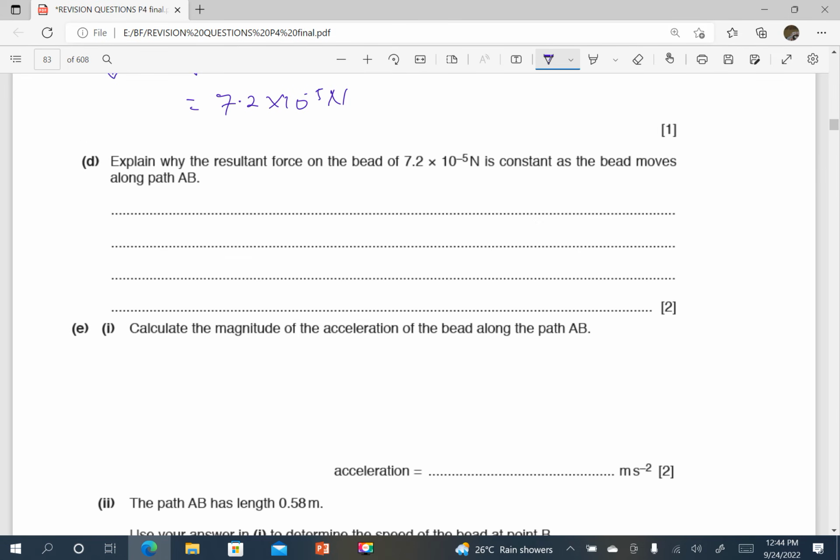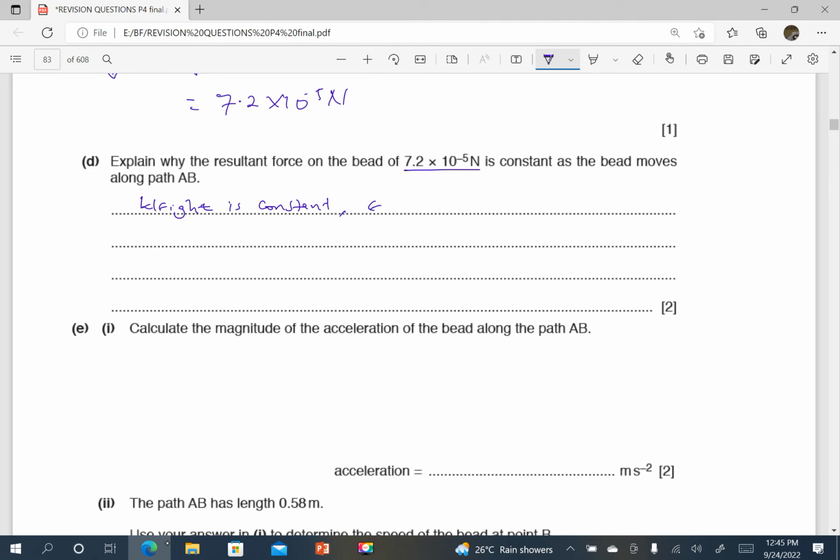Explain why the resultant force on the bead is constant as the bead moves. Of course, we have seen there are two forces acting. The electric force will be constant because the field is uniform. Number two, the weight does not just change. The weight will be constant. That's number one.